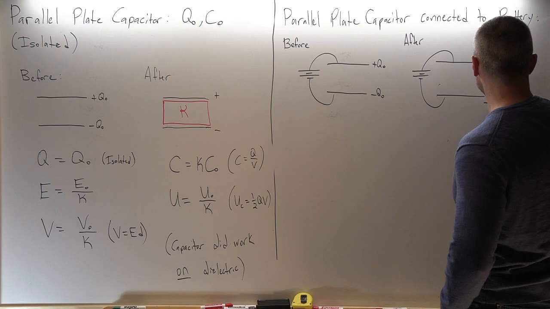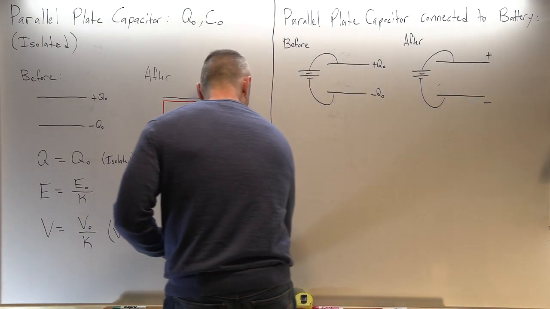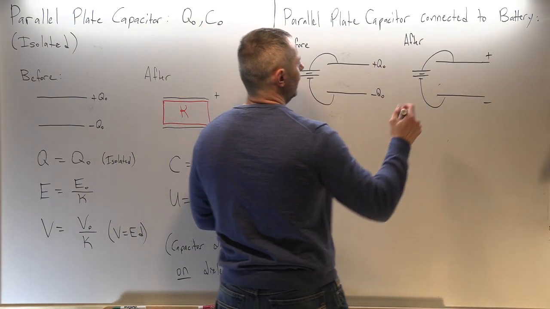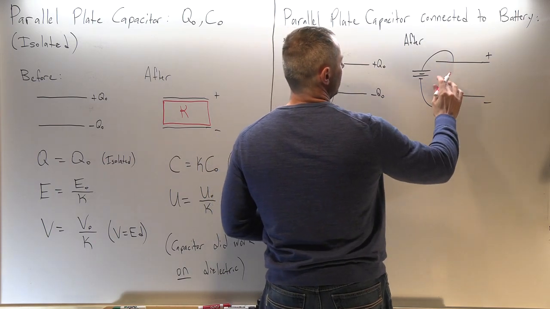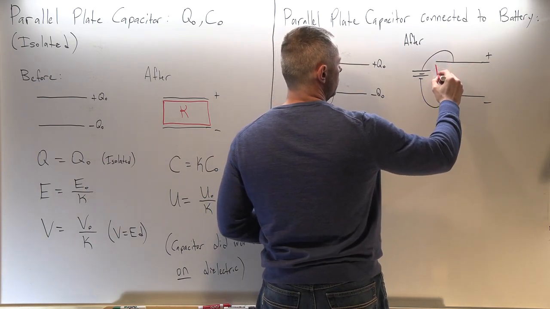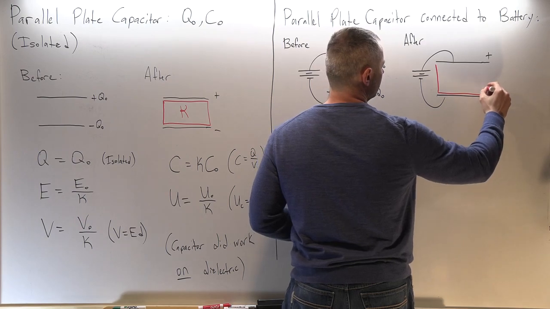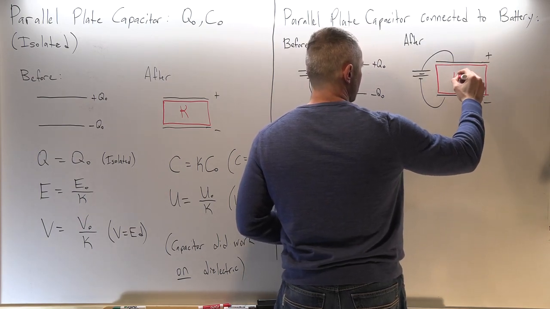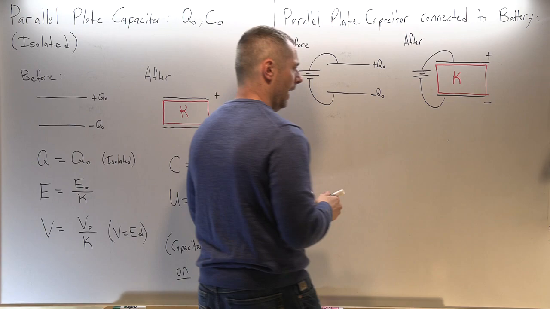This is still going to be positive. This is going to be negative. But now we've got a dielectric in here. Oops, I accidentally made these plates further apart. They're supposed to be the same distance apart. All I'm doing is inserting this dielectric with a constant kappa.